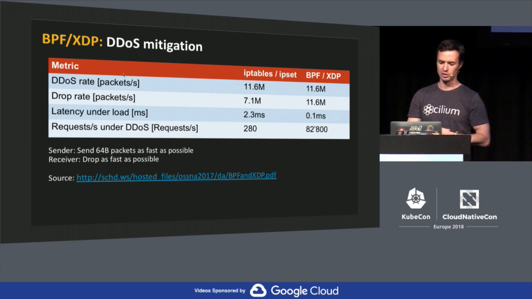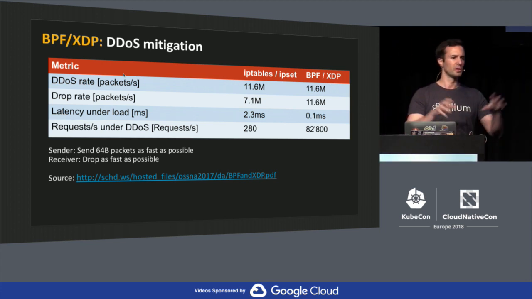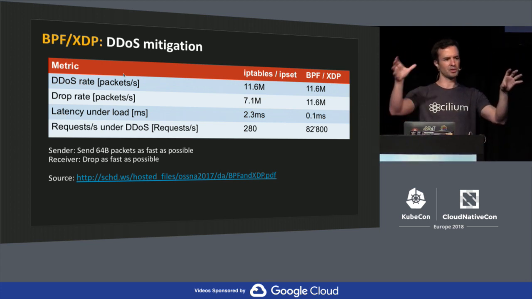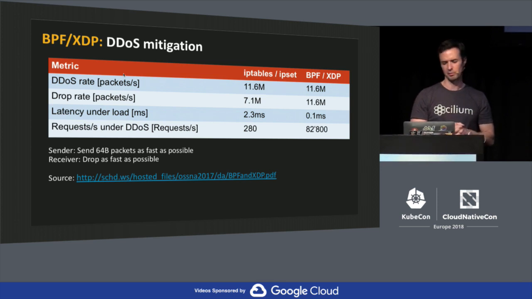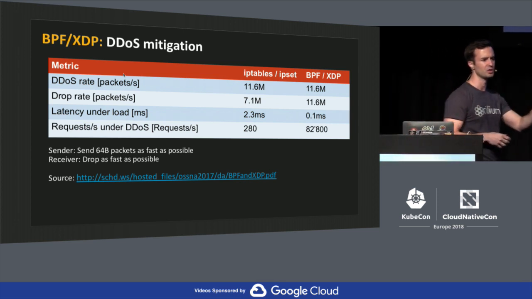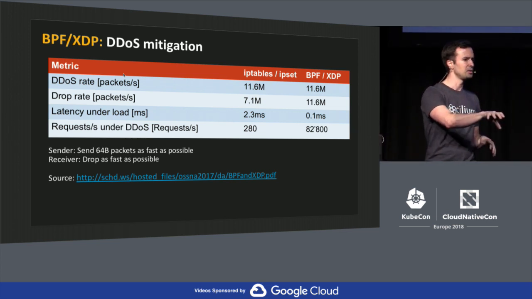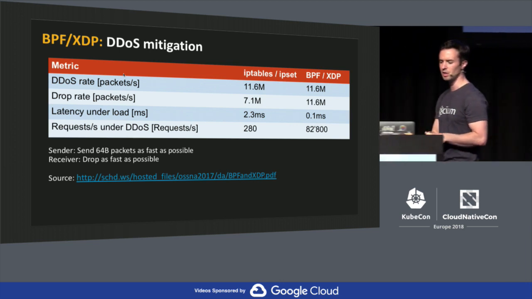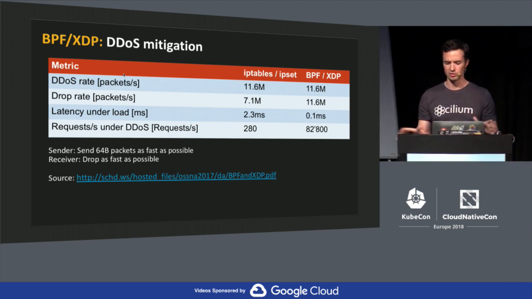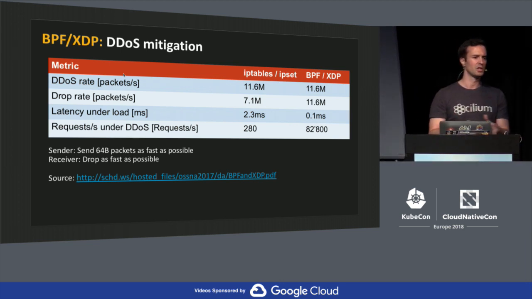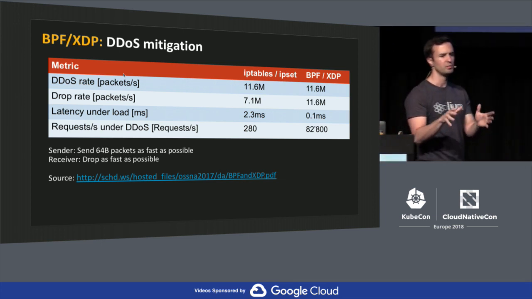This table shows basically two machines. One machine is spamming the other machine with 11.6 million packets per second. Then we have the first setup, which is dropping all of these packets with a single iptables rule, running ipset, and just looking at the source IP and dropping all of the matches, right? And the second setup is doing the same with BPF.